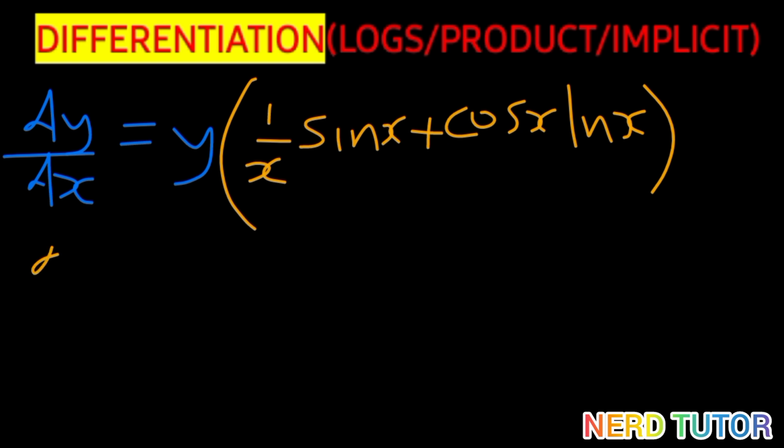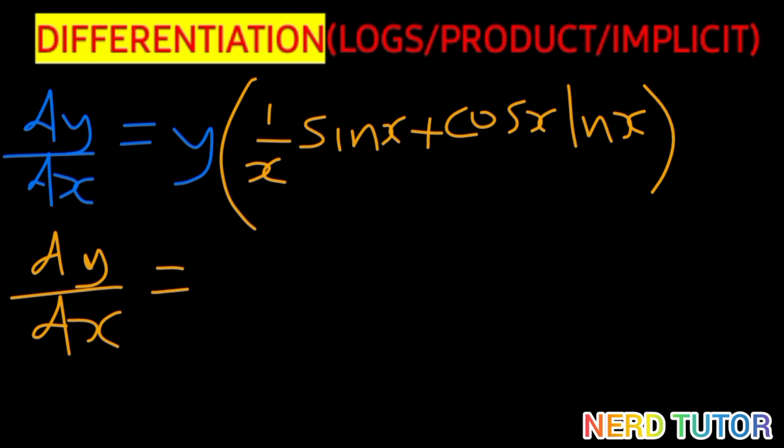So dy over dx will be equal to, so the value of y, what was the value of y? In questions like this, the value of y is always the actual expression, the given function which was in the question. Because that's the expression that we equated to y.